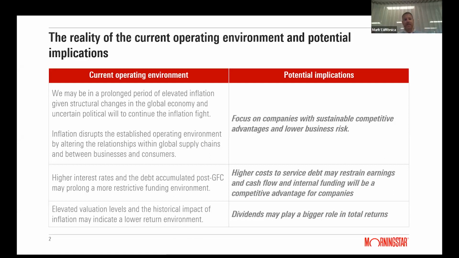Now, there is certainly a school of thought that we will be in a prolonged period of elevated inflation. Not necessarily as high as what we're seeing right now, but certainly above what many investors have experienced for a very long time. And even if we settle into inflation in the 4%, certainly 5% range, that is significantly higher than what we've seen.